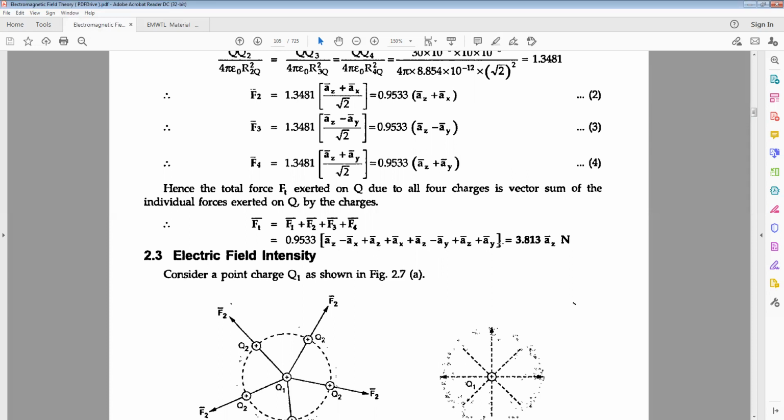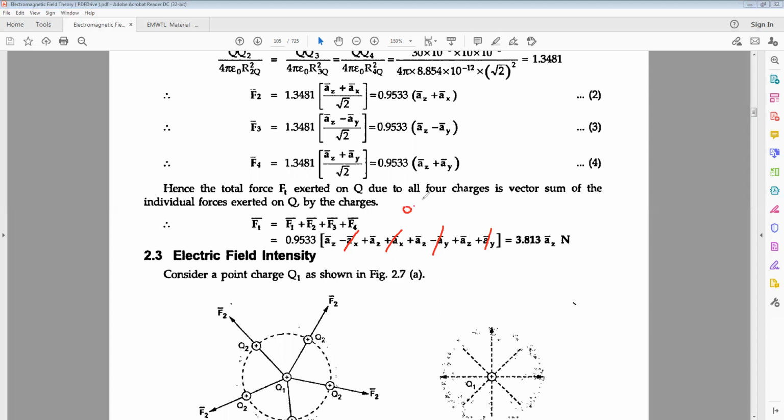So we can substitute all the directions and simplify: minus AX bar and plus AX bar cancel, minus AY bar and plus AY bar cancel, and we have only the AZ bar terms, 4 of them, which is 3 in the original count.